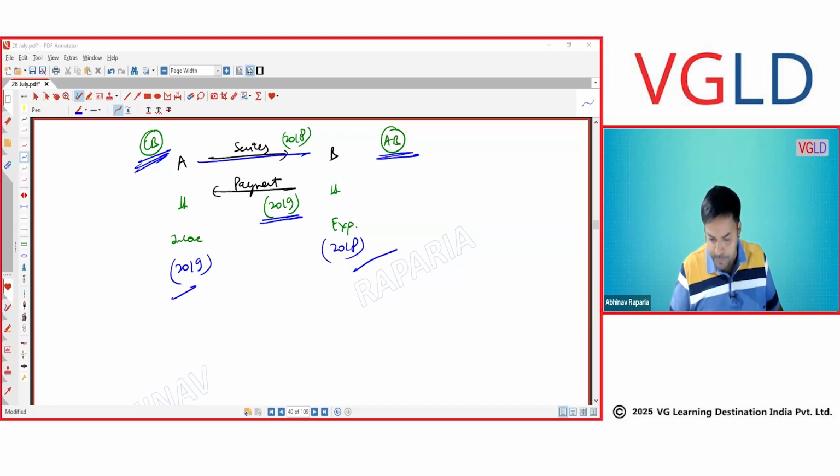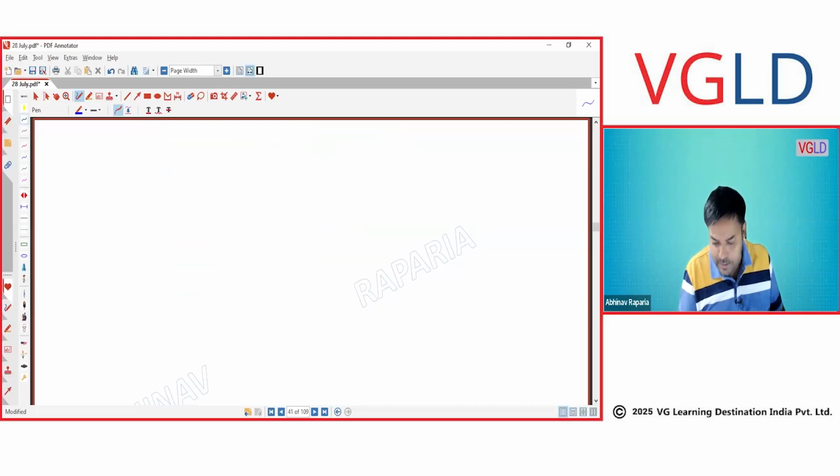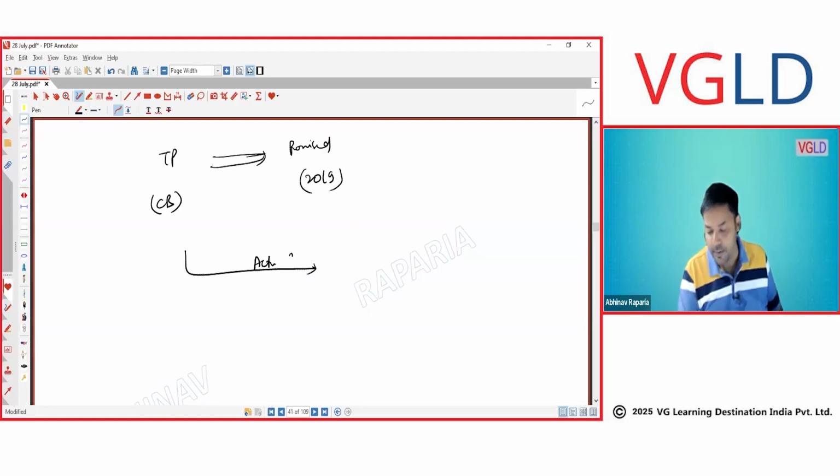Let's say a taxpayer is a cash basis taxpayer, and the taxpayer has promised that I'll pay in 2019. But actually the person has paid in 2020.